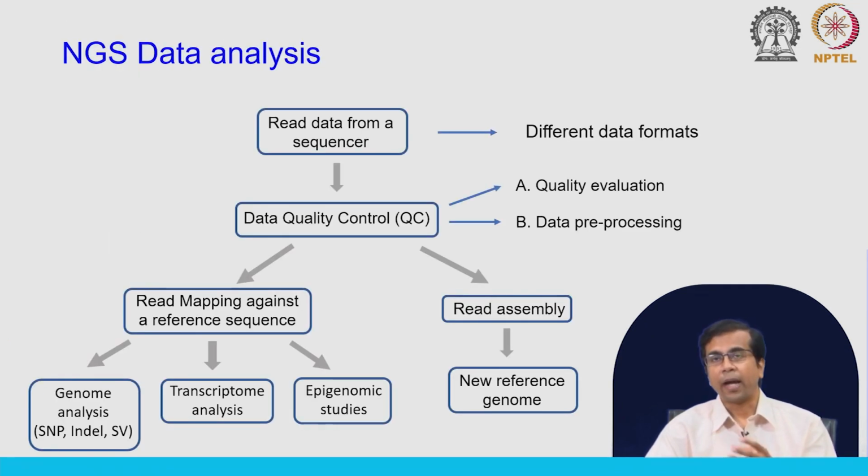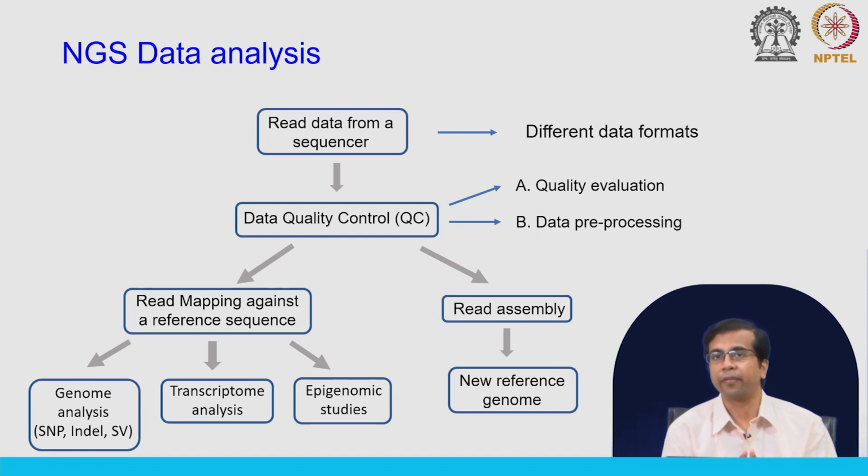So, again going back to the flow chart of NGS data analysis. Once you have quality control done, you can do pre-processing if it is required, and then you move into the mapping or assembly depending on the problem that you are working on. If your goal is to do single nucleotide polymorphism analysis or transcriptome analysis, you will go into the read mapping side.